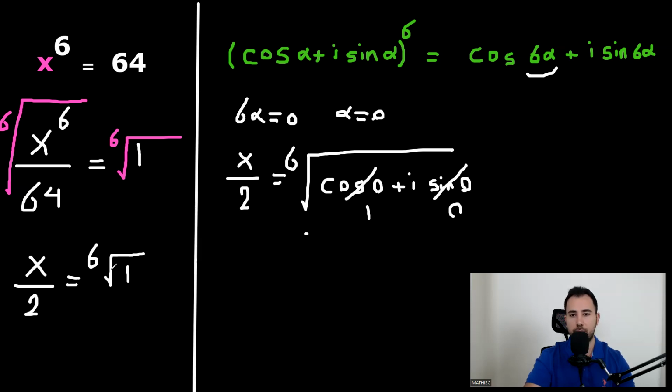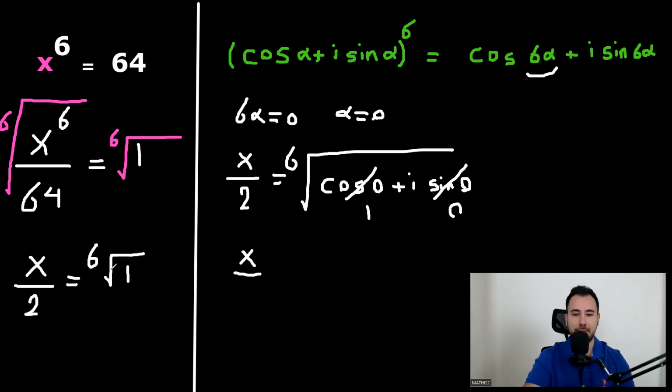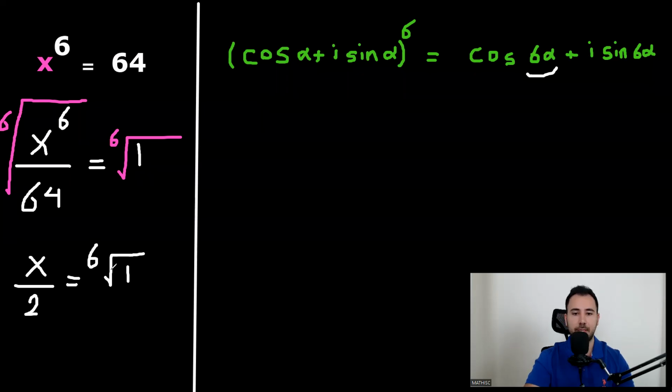And the 6th root of 1, all of this will be 1. So we'll have x over 2 equals 1. Well, you already know this, right? x equals 2. Okay, this is the first solution, but this is the real solution, the easy one. You already knew this one. But it's not the end, right? So let's go find another one.